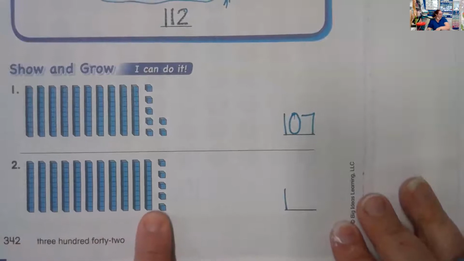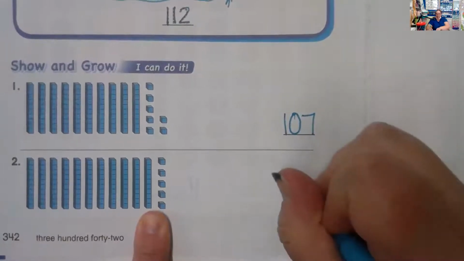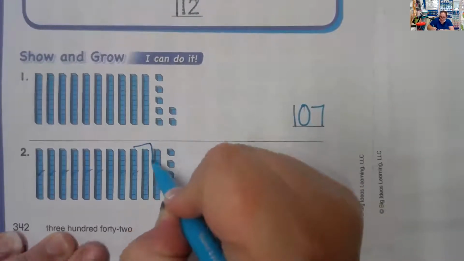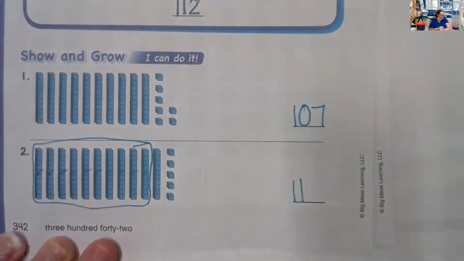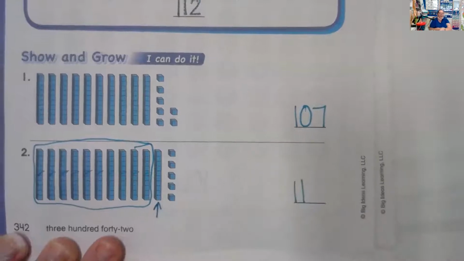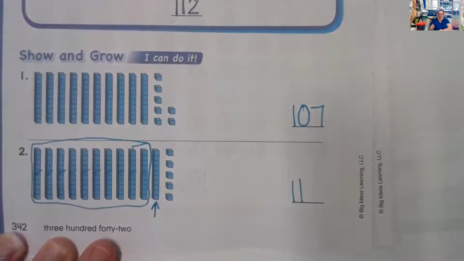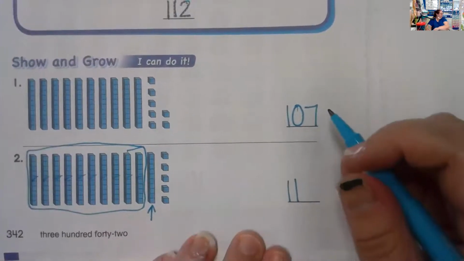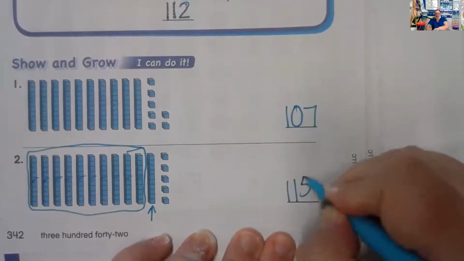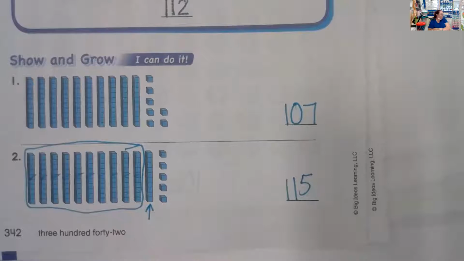How many tens? One. We had 110, right? 10, 20, 30, 40, 50, 60, 70, 80, 90, 100. I'm going to circle that. So that's my one group of 100. And then we have 1 ten rod not circled. So we have 100 and 10. Make sense? Yeah. And then how many ones? Yes, 5. Okay. For a total of 115.